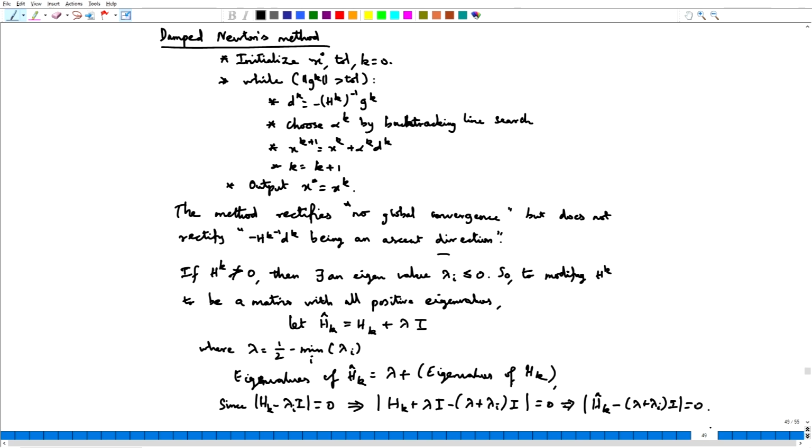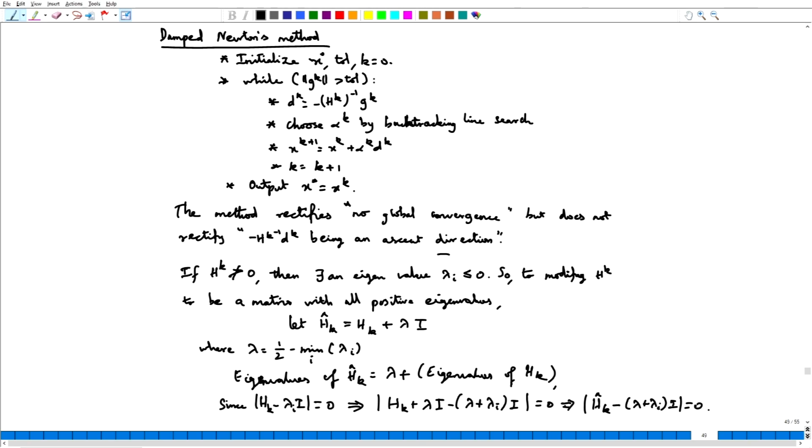To get around these issues, for the lack of global convergence we use the damped Newton's method, which is just choosing alpha k using backtracking line search, nothing fancy. That is Newton's method, but alpha k is not 1; you choose alpha k by backtracking line search.